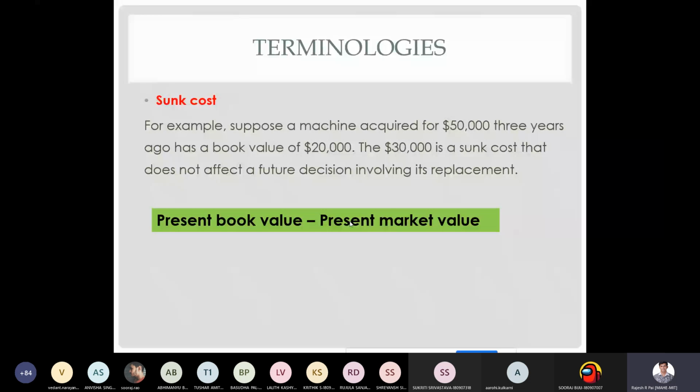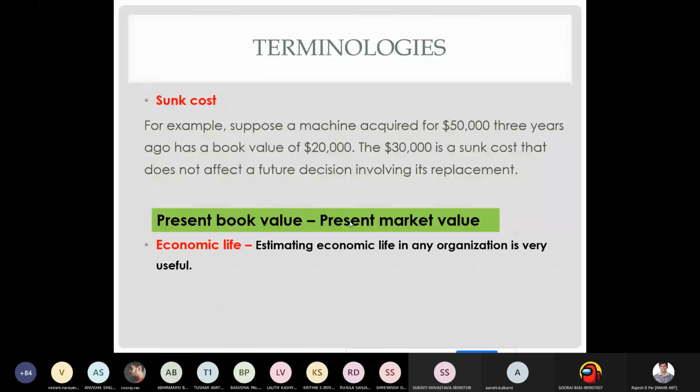So book value is the value of the asset in the book of accounts of the organization, and market value is the value of that equipment in the market. That difference will give you the sunk cost. Sunk cost is the cost which has already been incurred, and we are not going to take that amount into our analysis when you calculate the present worth, annual worth, or any future worth.